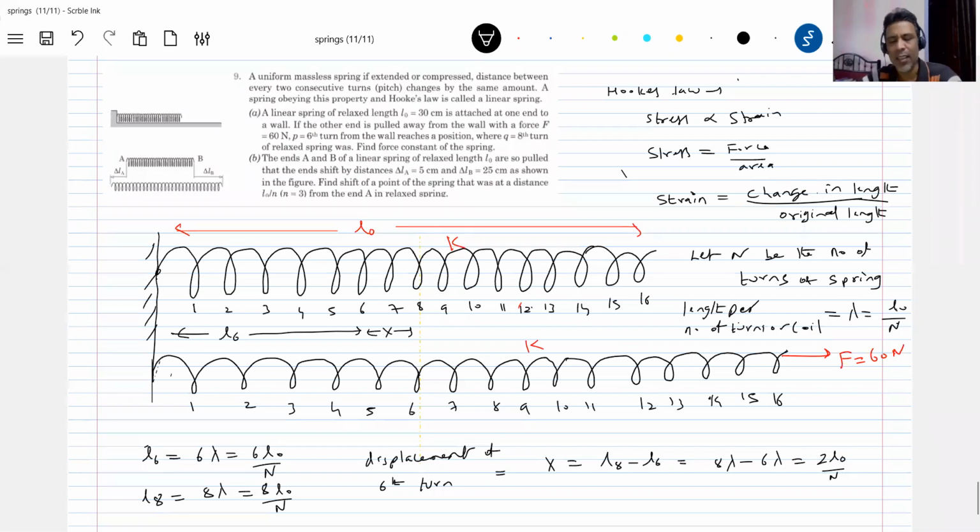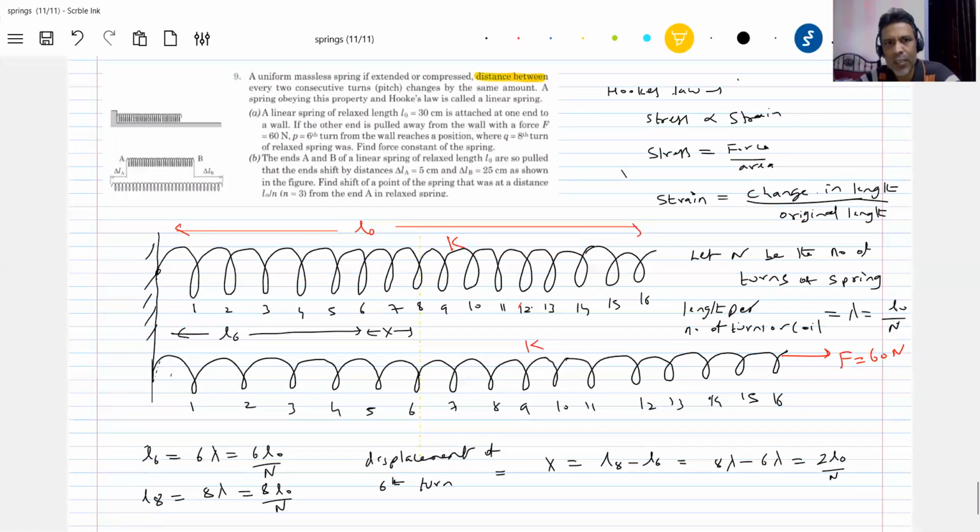Now come for this. He has put one condition. The distance between every 2 consecutive turns changes by same amount. So what do you mean by that one? The strain of any part of spring should be equal to the total strain of the spring. That is what this sentence I'm going to convert. I am writing that one.